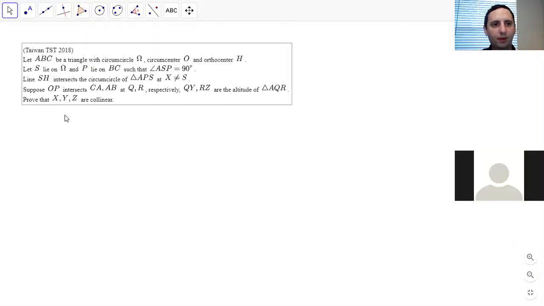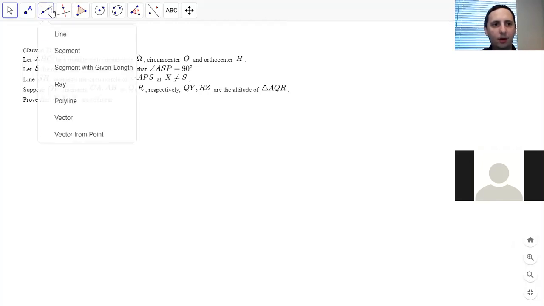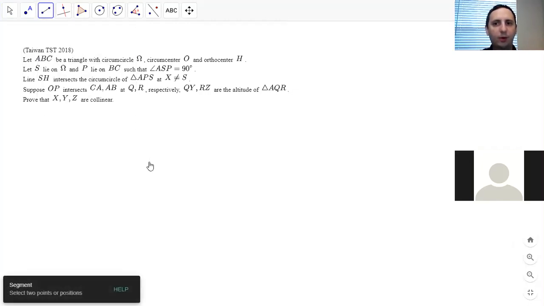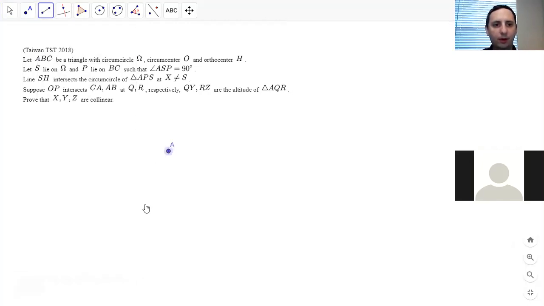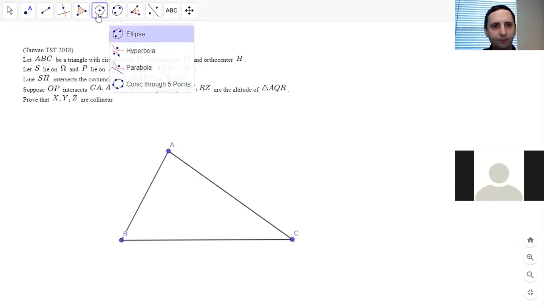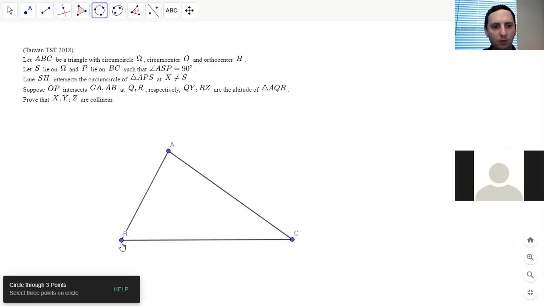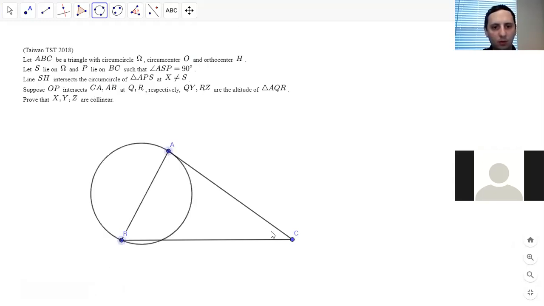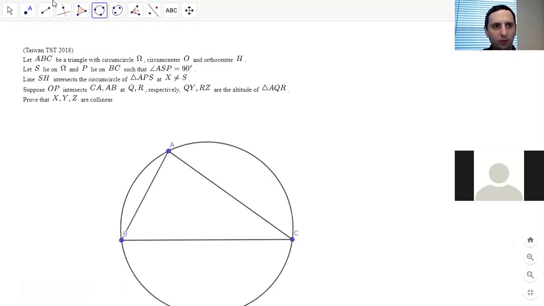Okay. So here's the first problem. This is from 2018. We have a triangle ABC, circumcircle omega, and we draw the circumcenter and the orthocenter. There's a circumcircle.